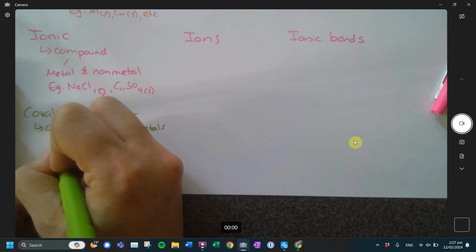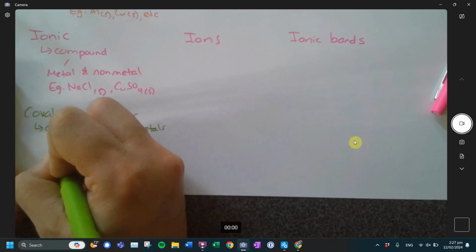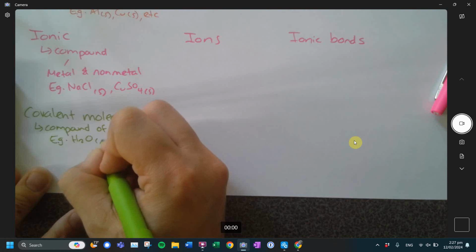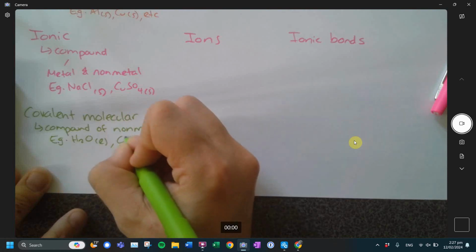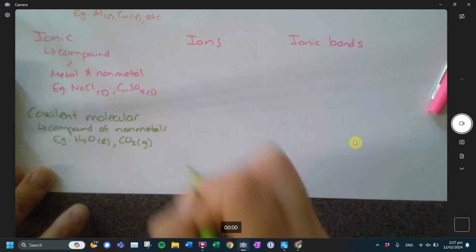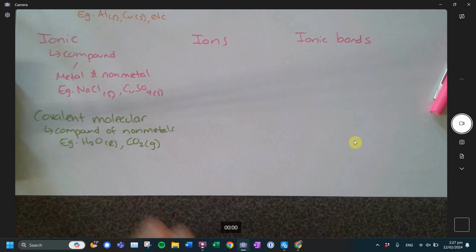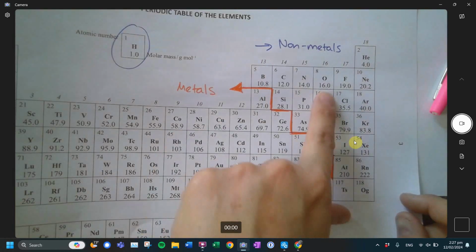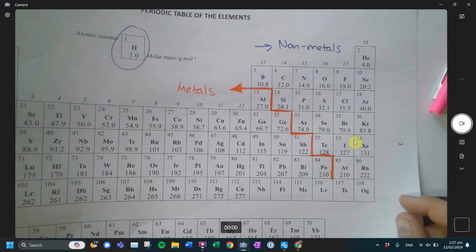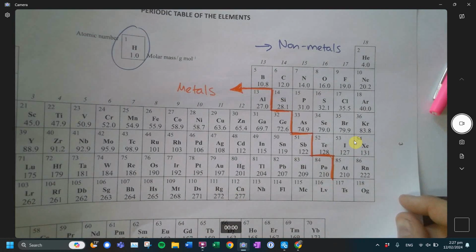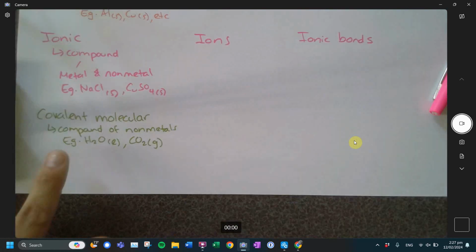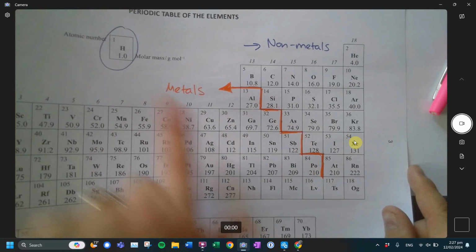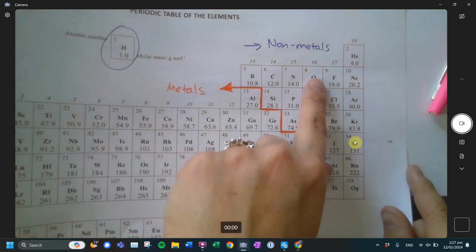For example, H2O or CO2. So if I look at my periodic table, I will see, oh, there's carbon as a nonmetal. There's oxygen as a nonmetal. Are there any metals in that formula? No. So that tells me covalent. Water, hydrogen, nonmetal, oxygen, nonmetal.